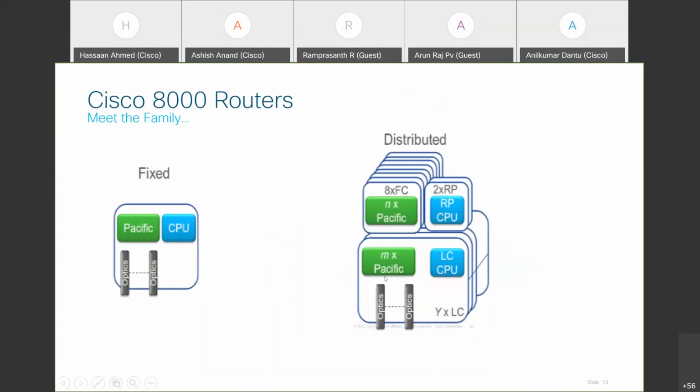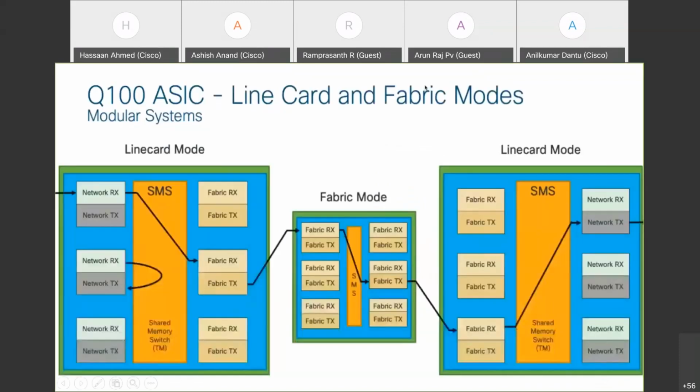In case it's a line card, it will program its chips, the NPU, and the slices inside the NPU, slice 0, 1, and 2, as a network-facing interface, while the fabric-facing slice, that is 3, 4, and 5, will get programmed as a FIA.